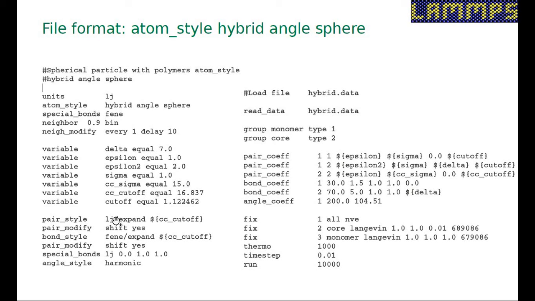And we use these variables for defining the pair style. Here, as I said, we use the Lennard-Jones expand potential. This cutoff is for the central big particle. And then we also have to define the bond style. In this case, we use the finite expand potential.